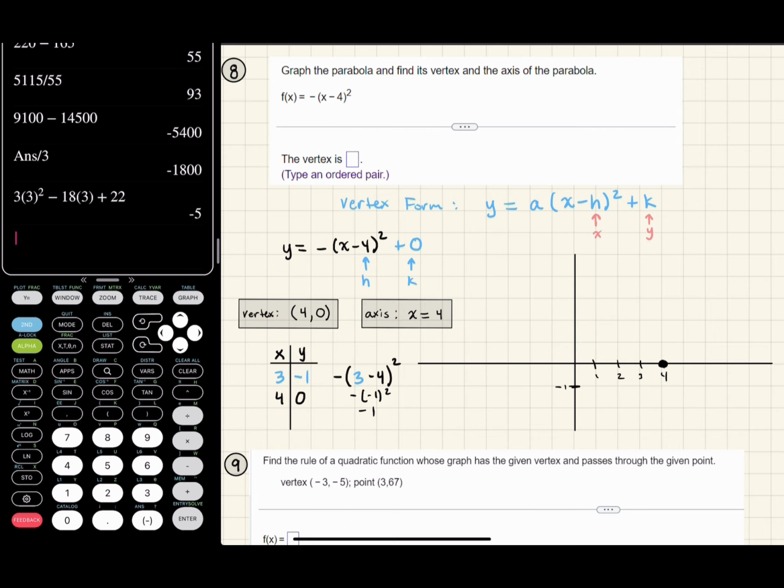So for that point, we can go over 3 on the x-axis, and then down 1, and that's where our point will go. So now we can draw a little bit more accurate of a parabola. And that's it. So we would look for the graph that looks something like that. Not too bad.